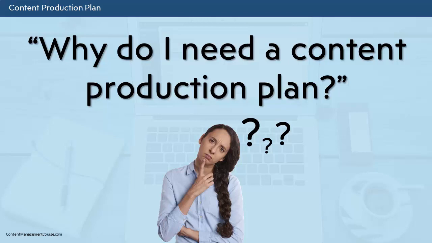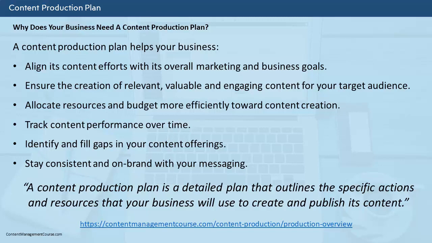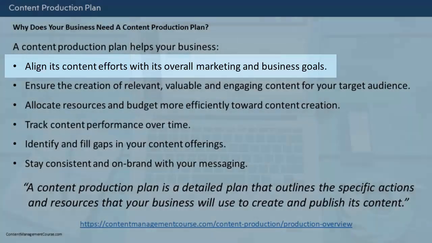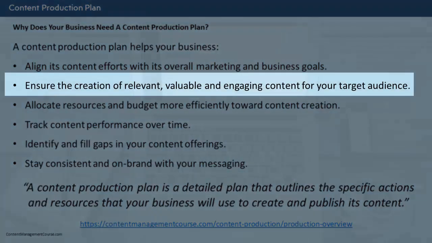Okay, now that we know what a content production plan is, why does your business need one? Your business needs one because it helps your business to align its content efforts with its overall marketing and business goals. It also ensures the creation of relevant, valuable, and engaging content for your target audience.